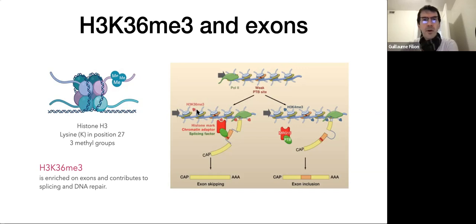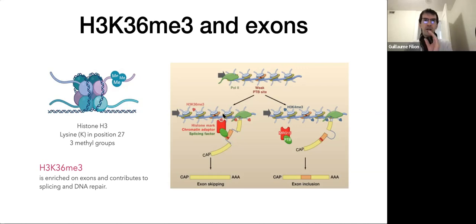The first is that this mark, H3K36 trimethylation, is present in the neighborhood, and that will recruit locally this machinery in red here, MRG15 and PTB. It doesn't matter what they are. What matters is that MRG15 has a specific interaction with H3K36 trimethylation, and so once it's there, it's in the neighborhood and ready to catch the RNA as it grows out of the polymerase, to grab it and make splicing happen.